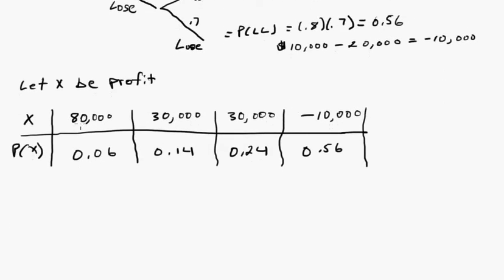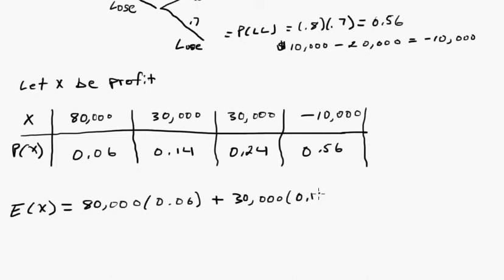Now we have the probability model. So the expected profit is just 80,000 times 0.06, plus 30,000 times 0.14, plus 30,000 times 0.24, and finally negative 10,000 times 0.56.